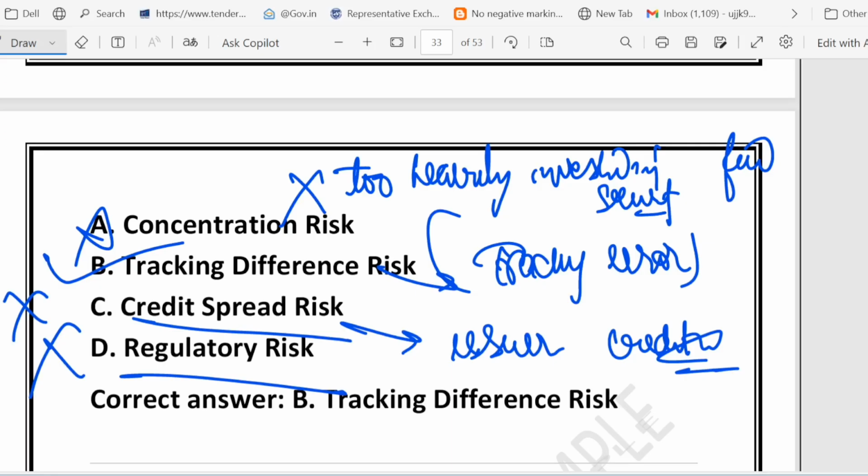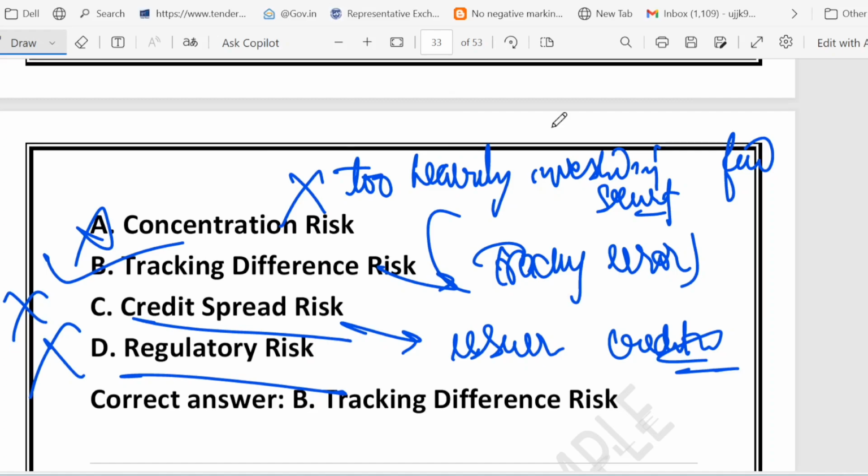So what is the main risk? It is tracking error, which measures how closely your portfolio mirrors the benchmark. For an index-linked or passive fund, the goal is replication, not outperformance. A small deviation can happen due to transaction cost, timing, or security selection. You can think of it like a recipe.